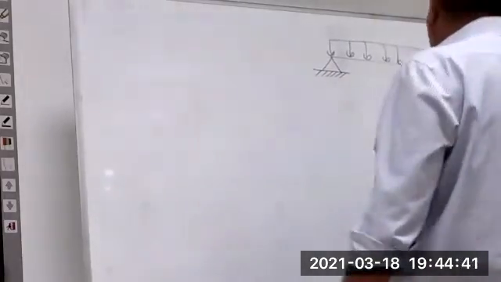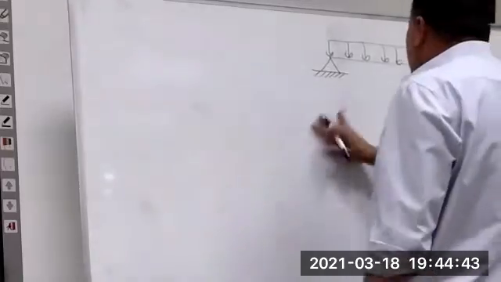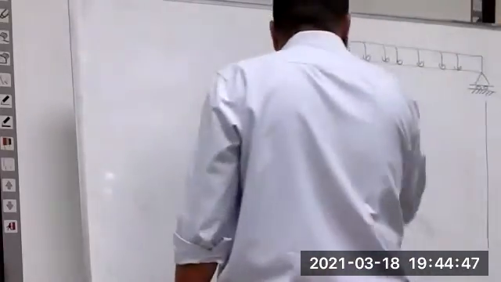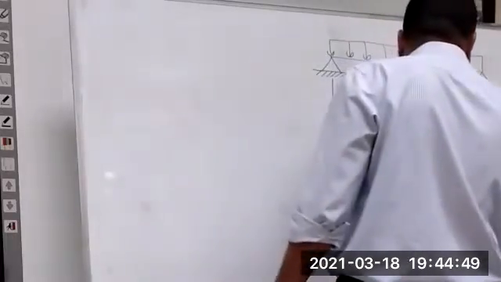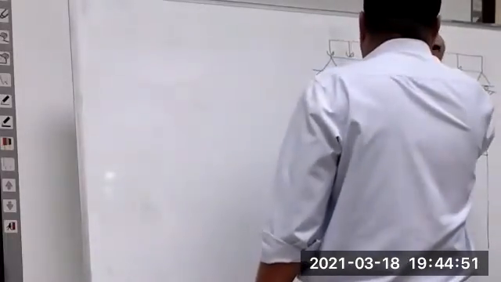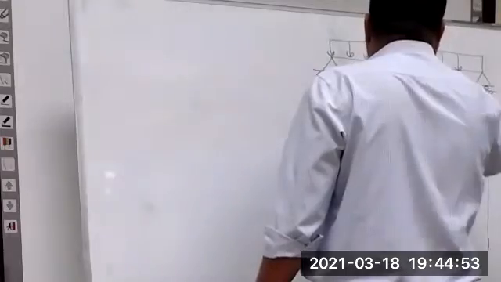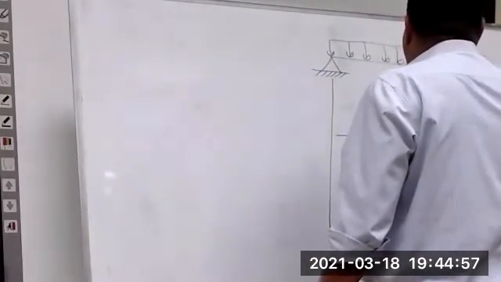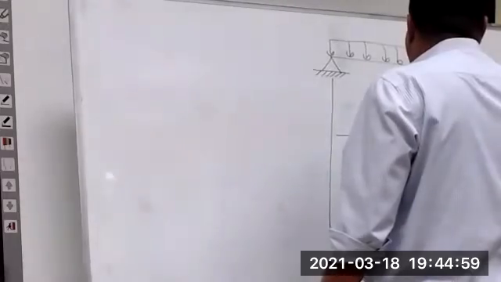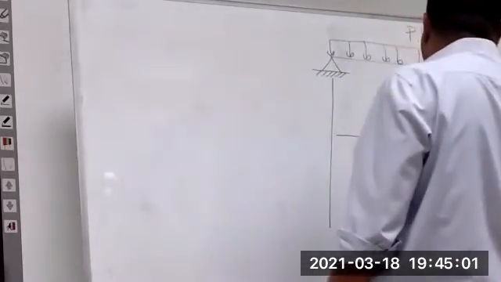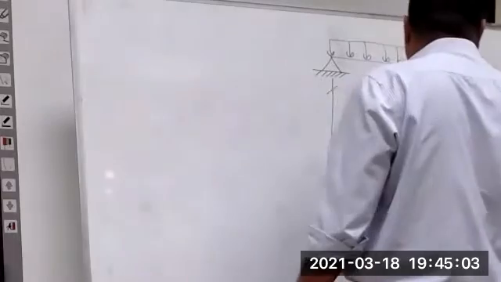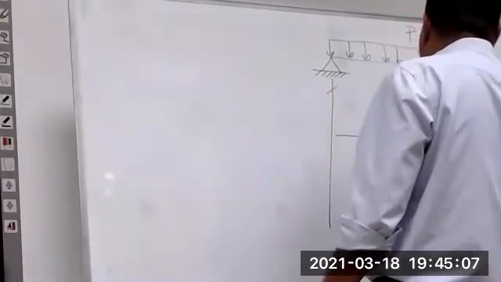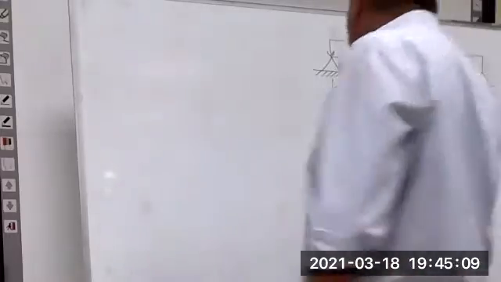This beam is a simply supported beam with uniform load. Our shear force will look like that. Say you have a load B in pounds over feet, assume whatever B, and you have a span of L feet, assume.